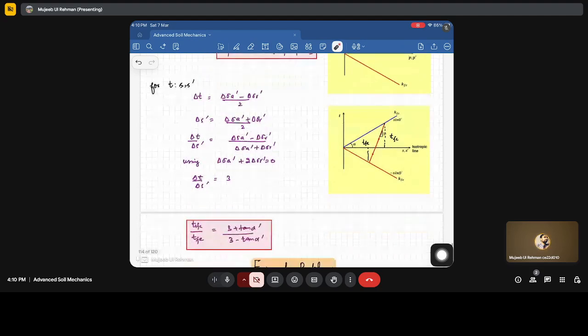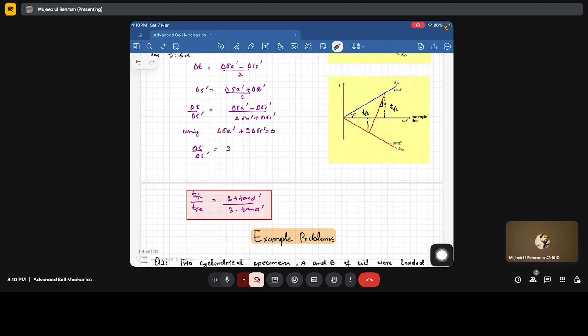And generally, if the soil is in failure, the compression strength is high as compared to the extension strength, and they are related in the TS plot as TFC, the strength in compression, divided by TFE, the strength in extension, given by 3 plus tan alpha dash divided by 3 minus tan alpha dash.